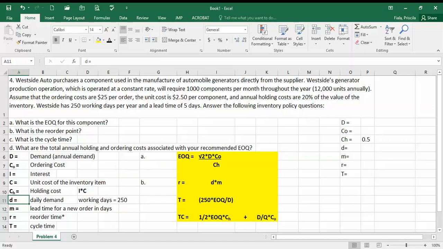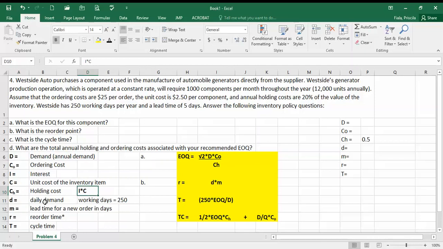Okay, so C, the capital C, and then the subscript O, refers to ordering costs. I for interest. The C on its own is the unit cost of an inventory item. And C subscript H is holding costs. But to get your holding cost, you need to multiply the interest times the unit cost.